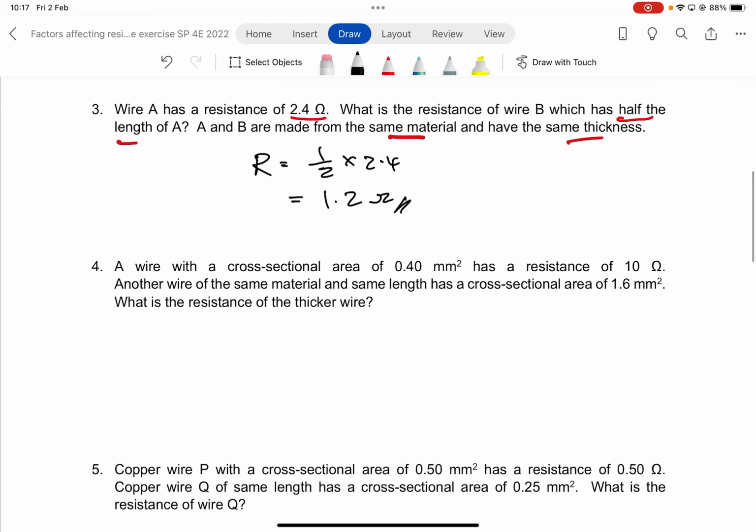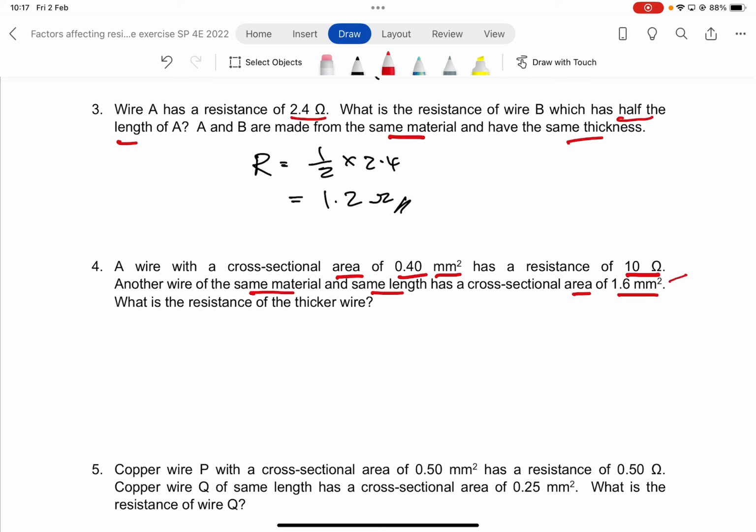Okay. Number 4. Now it's about cross-sectional area. So, okay, let's read the question first. Cross-sectional area of 0.4 mm square. All right, resistance 10 ohms. Second wire, same material, same length, but now cross-sectional area is 1.6 mm square.